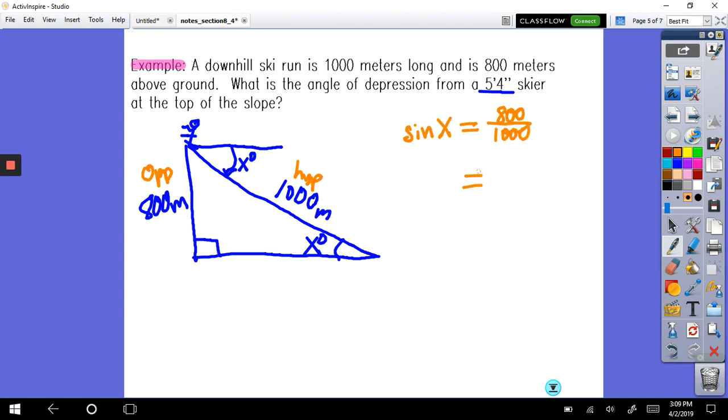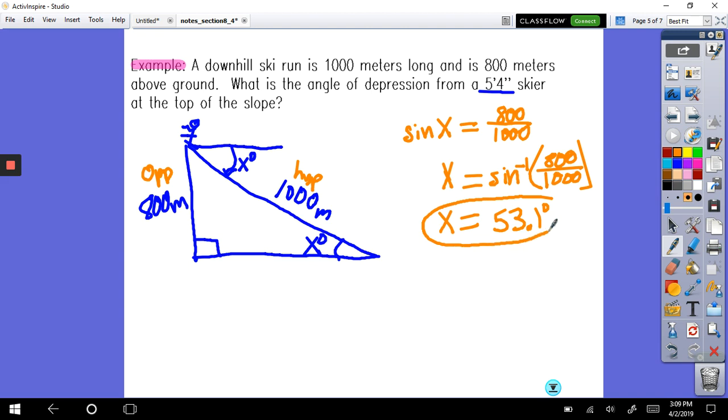You'll recall from earlier, when we don't know the angle, we have to do an inverse trig function: inverse sine of 800 over 1,000. Put that in your calculator, giving you 53.1 degrees. Got it.